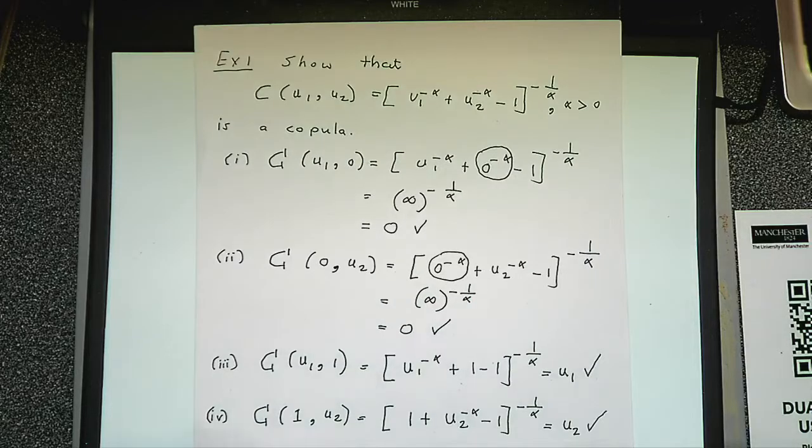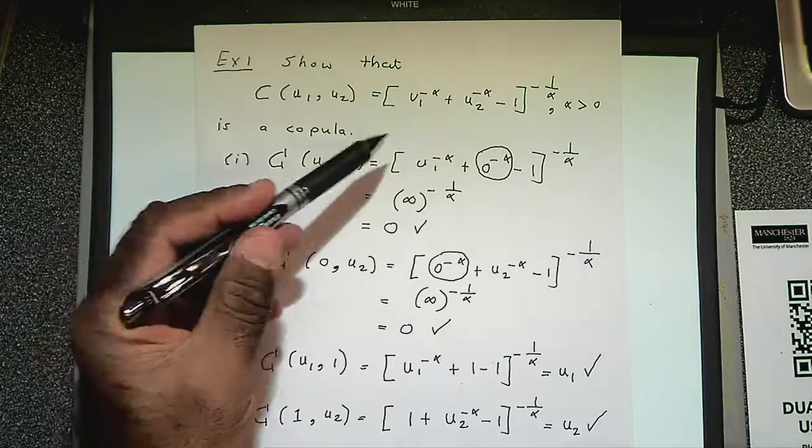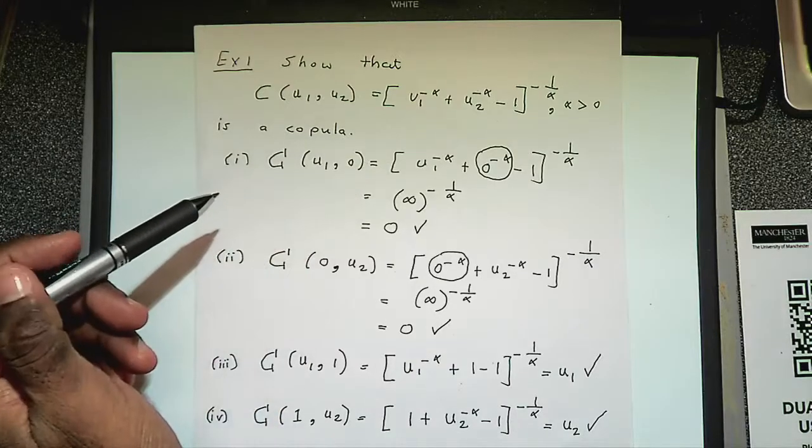So property number 5 is to find the partial derivative with respect to u1, right? If you differentiate this with respect to u1, what do you get?